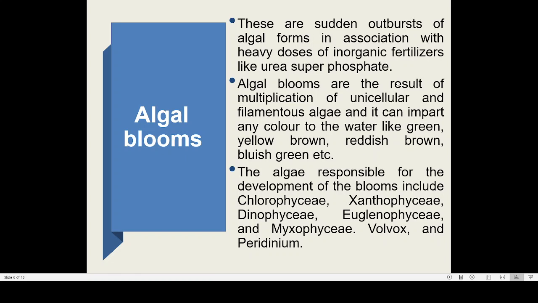So the problem with algal bloom is that most of the time when we are using fertilizer in the field, for example, we are applying fertilizer in our agricultural farms, during the rainy season this water will be reaching some ponds, and that water will be containing a lot of superphosphate and urea.